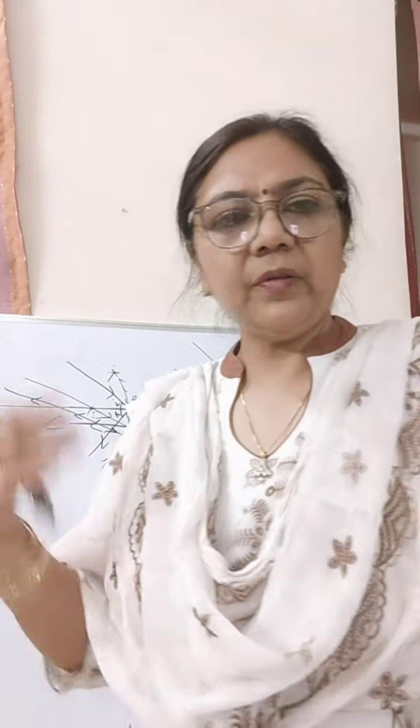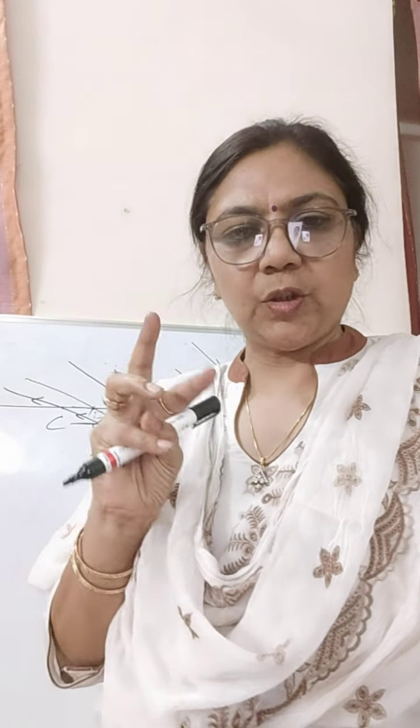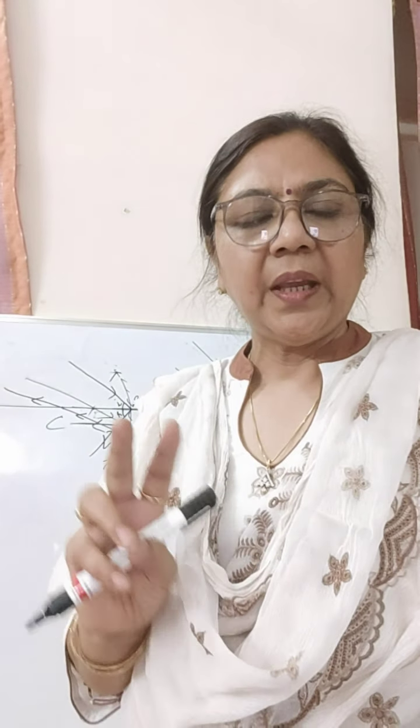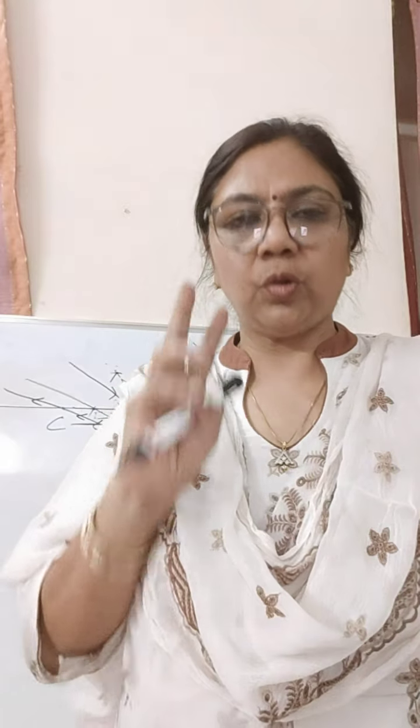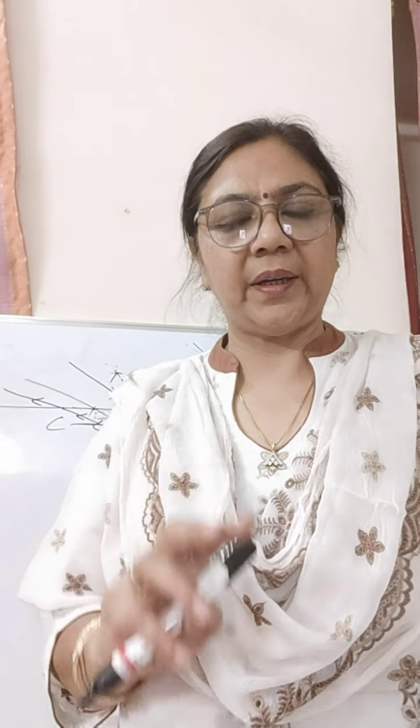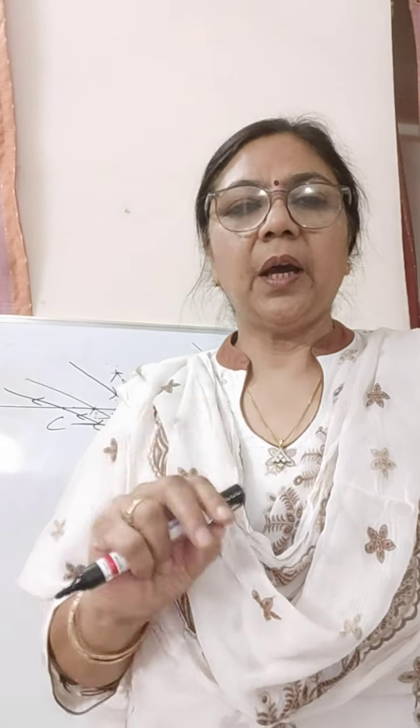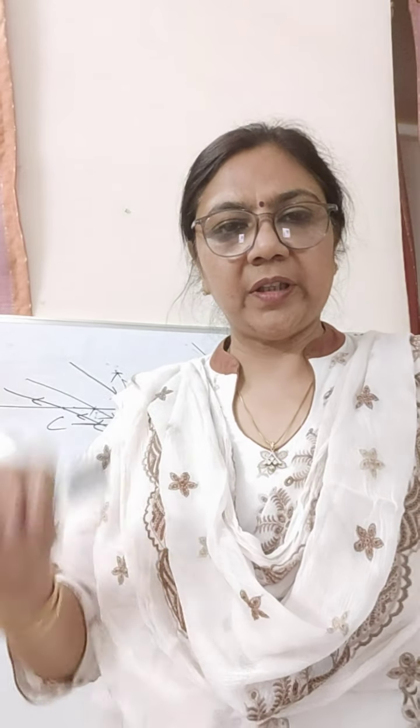Out of those three rules which I have told you before, we choose any two rules to find out the position of the image. Now why do we need 2 rays? Only two rays we want there to find out the position of the image. Now what is the process here?